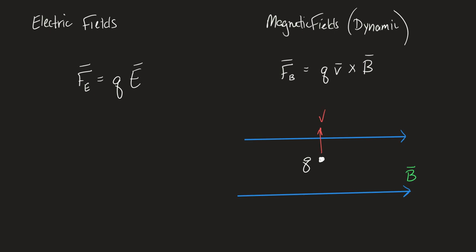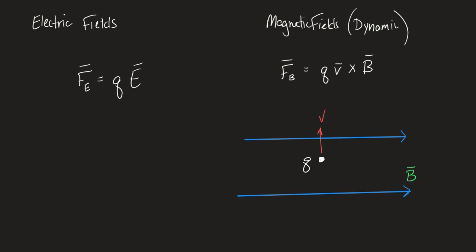Start by pointing your pointer finger in the direction of the velocity. And then rotate your middle finger until it's pointed in the direction of the magnetic field. Now, in the future, keep in mind, your piece of paper in front of you can be moved on your desk to make this easier for you.